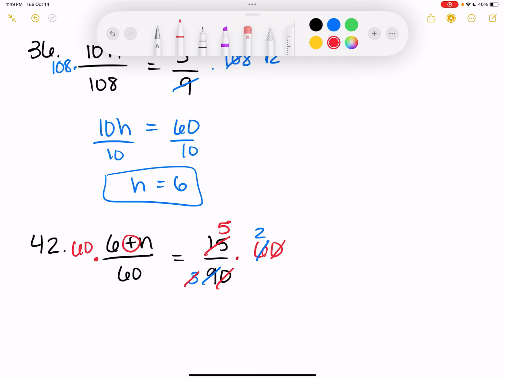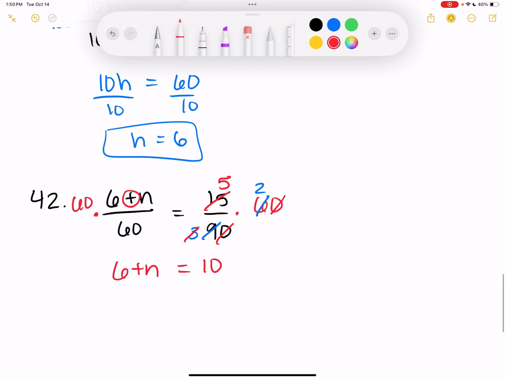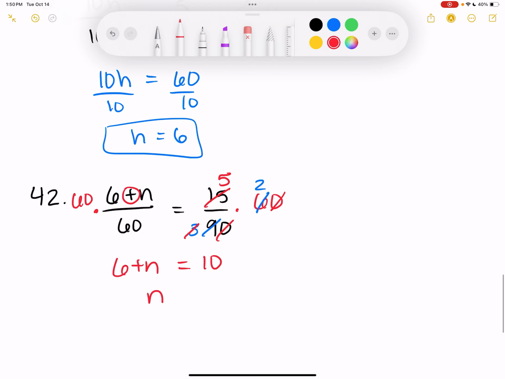So on top, I'm left with 5 times 2 on the right side. Bottom, everything went away. So I have 6 plus n is equal to 5 times 2 is 10. Now what? Subtract 6, because I need n by itself. So 4 is equal to n. Exactly what I got.